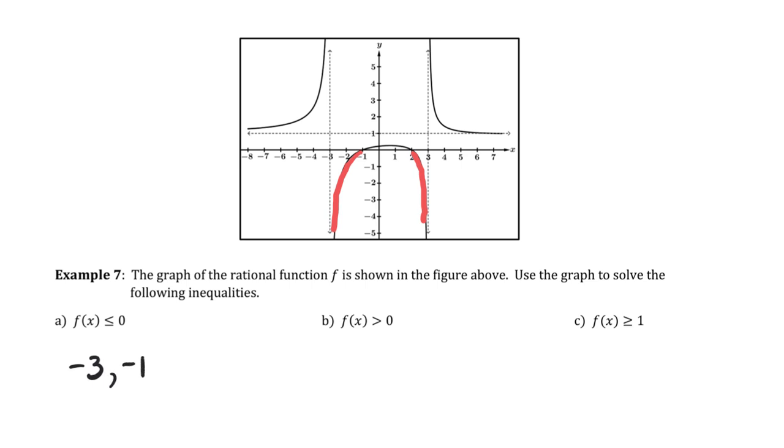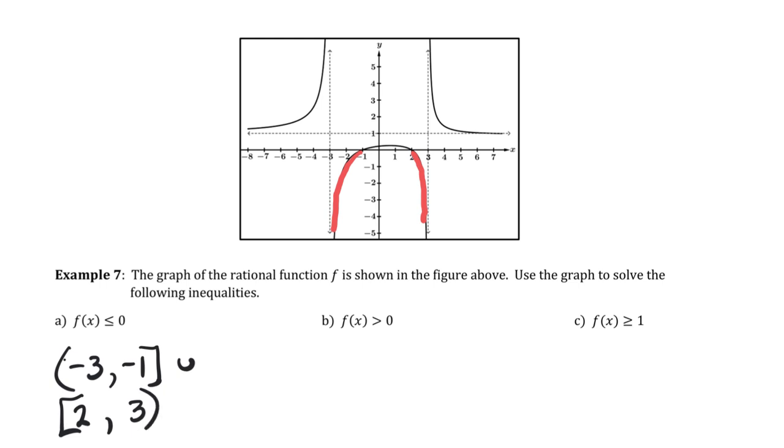And because it's or equal to, I can be at -1, but -3 is a vertical asymptote. That means that denominator made a 0. So that's there. And I have to union that with the other red part there, that is 2 to 3, and I can touch 2 because it's equal to, but I can't touch 3 because it's a vertical asymptote.